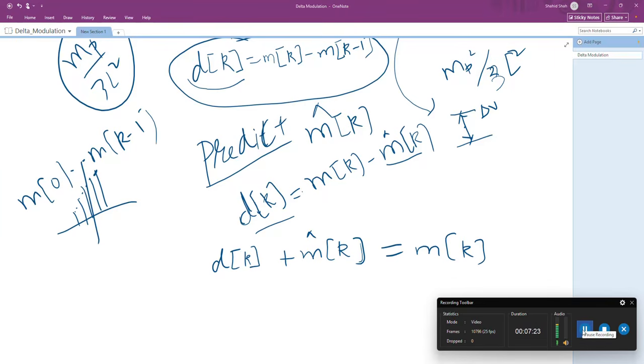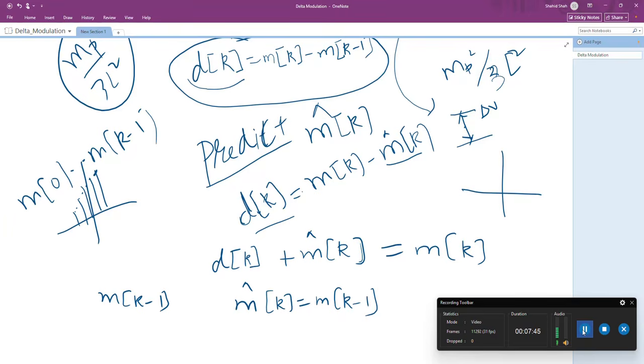In fact, what we discussed earlier we can show as a special case of this. What is the simple prediction you can make about the kth sample? Suppose you know the previous sample, k minus 1. The best prediction is that m hat k is just the value of the previous one, and most of the time that will be true. Suppose you take any signal and sample it at a much higher rate than the Nyquist sampling rate; you will find that the next sample is nearly equal to the previous sample.